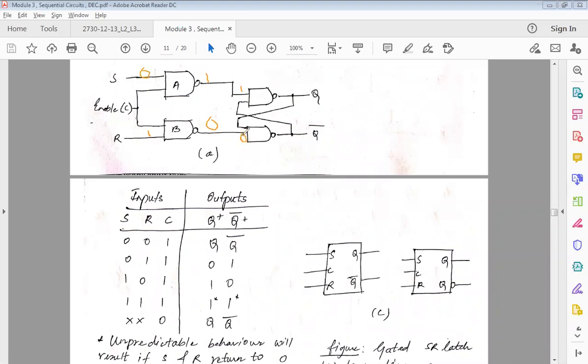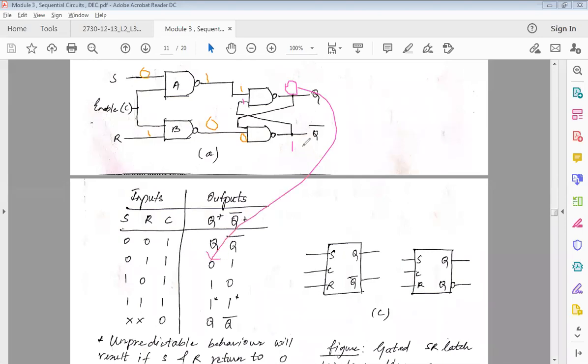Anything that gets multiplied here is 0, so I should be getting 1, and this 1 will come here. So 1, 1, 1, then I should get 0. Are we getting those values here?